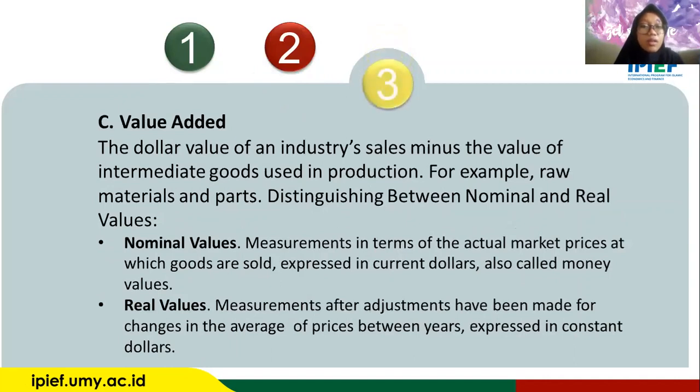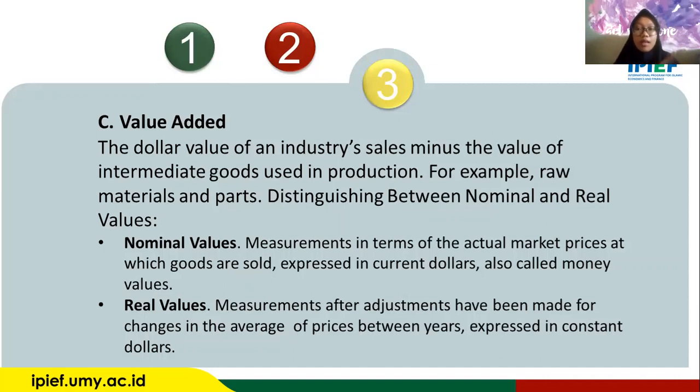And the next is value added. The dollar value of an industry's sales minus the value of intermediate goods used in production, for example raw materials and parts.